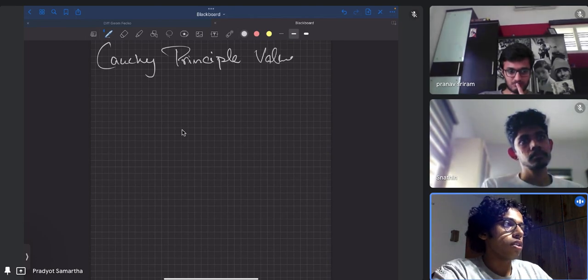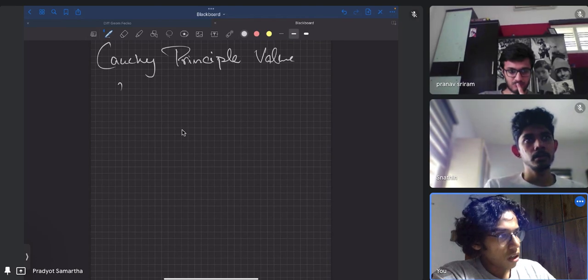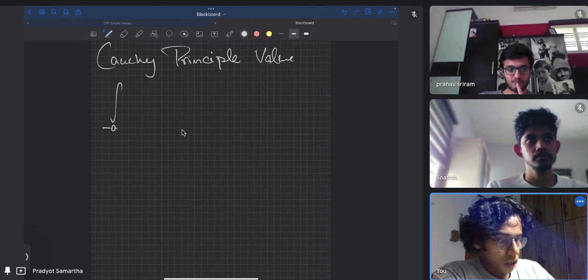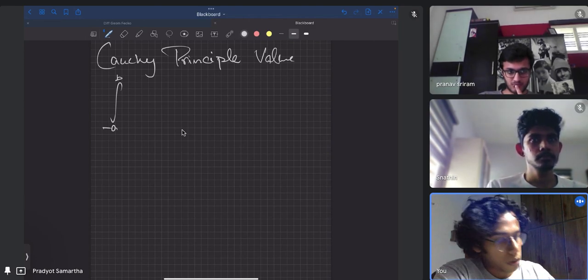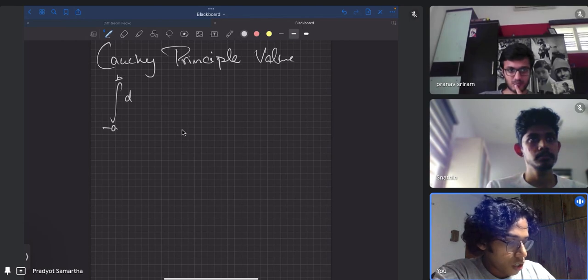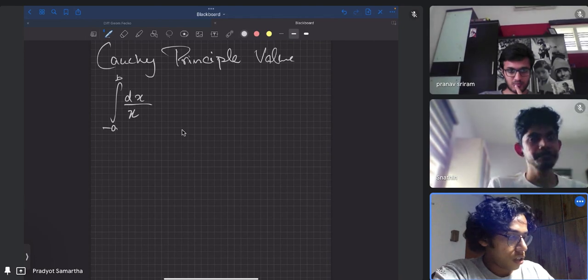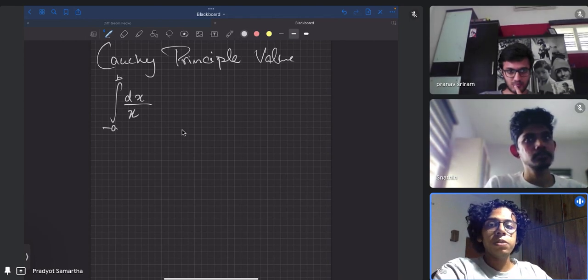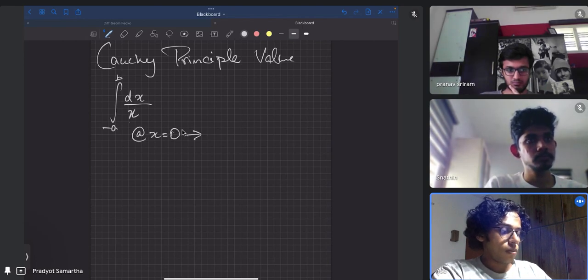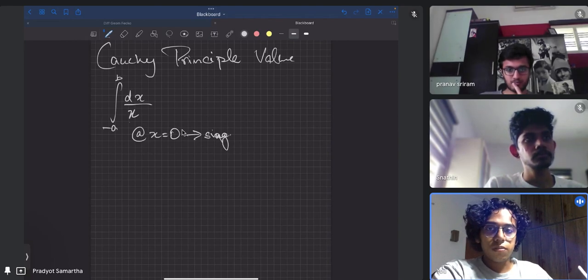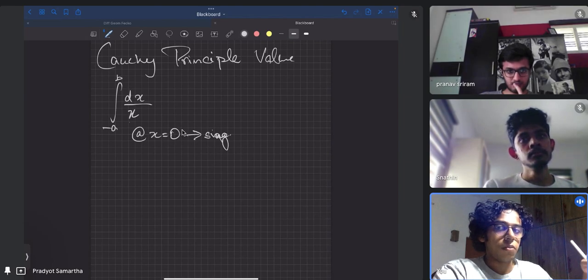Let's look at a real integral from minus a to b, where a and b are strictly positive. So you go from a strictly negative number to a strictly positive number, of the form integral of 1 over x dx. Now at x equal to 0 we have a singularity, so this integral is not defined because we have ln 0.